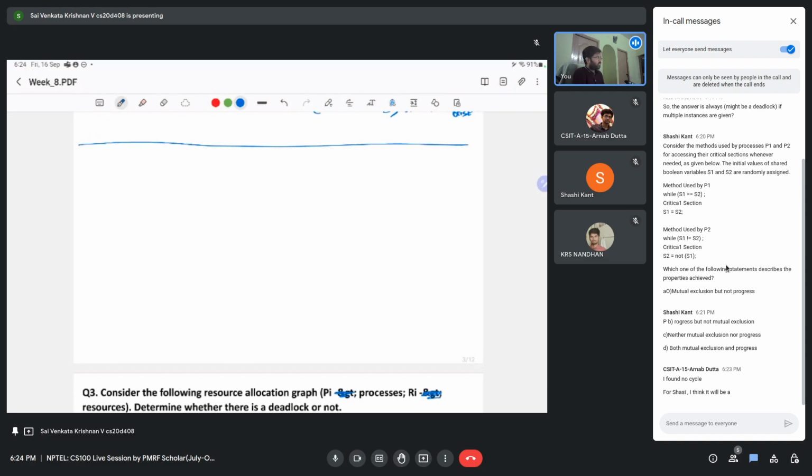Okay, so we have two processes P1 and P2 for accessing their critical sections whenever. Initial values of the shared Boolean variables are randomly assigned. So one is while S1 equal to S2, and here it is while S1 not equal to S2.